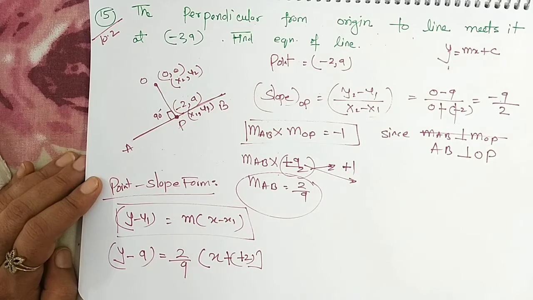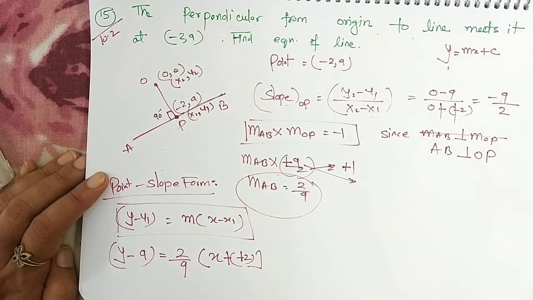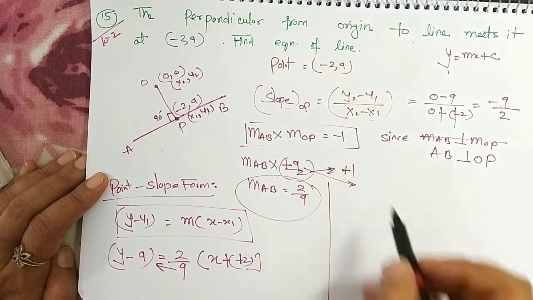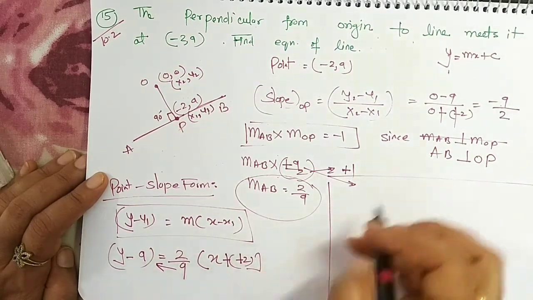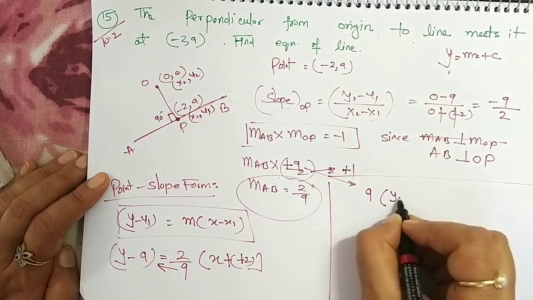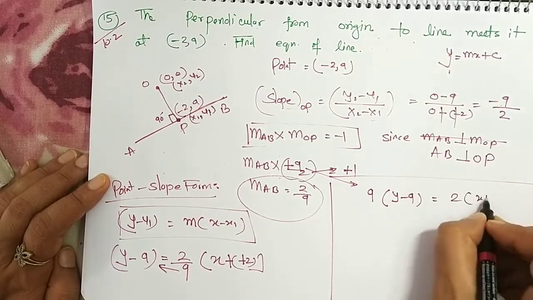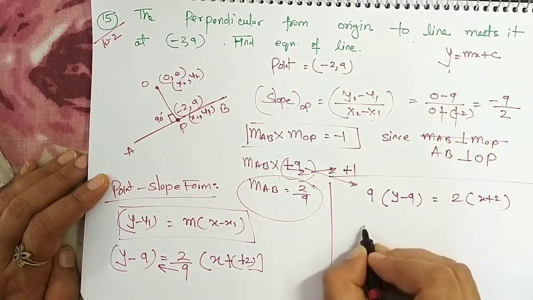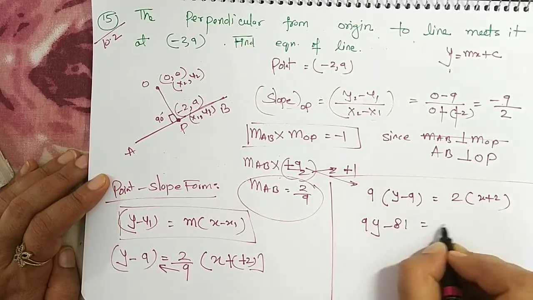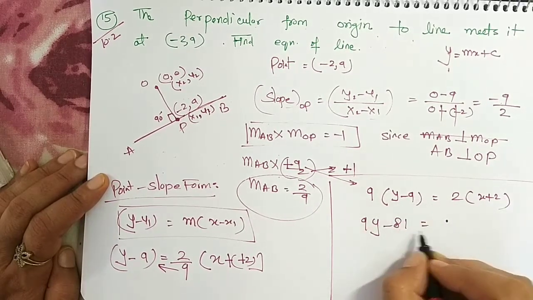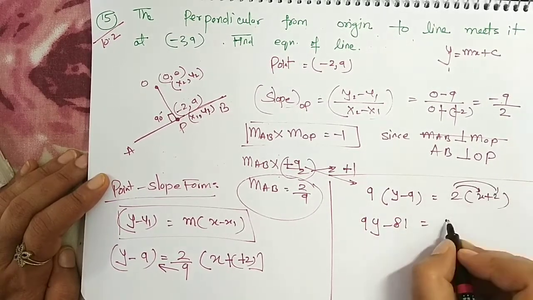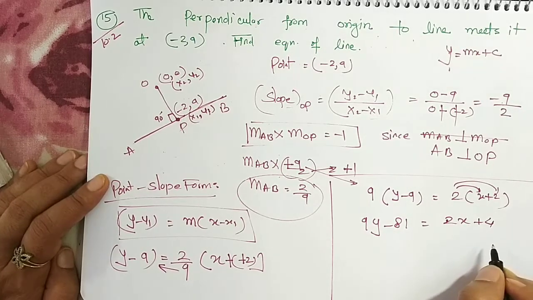Perfect. Now what should I do is, can I take this 9 here? Okay, so let me solve it, guys. If I take 9 here, it will be 9 into y minus 9 is twice into x plus 2. So 9 I am multiplying, 9y minus 81. 9 9s are 81. Then 2 is multiplied with both. 2x plus 4.